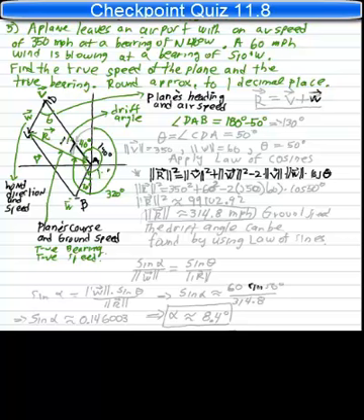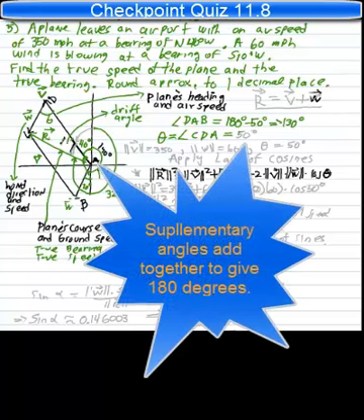The measure of angle DAB is 180 minus 40 minus 10, so 180 minus 50, which is 130 degrees. Therefore, theta, angle CDA, is also equal to 50 degrees because they are supplementary. They add together to give 180.